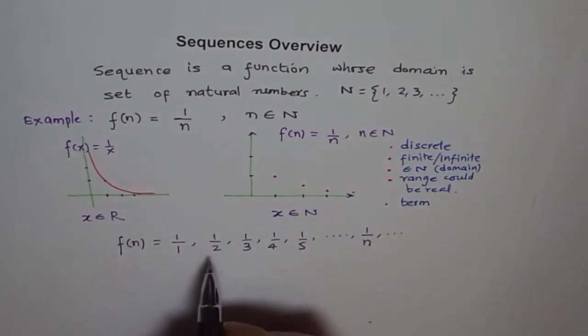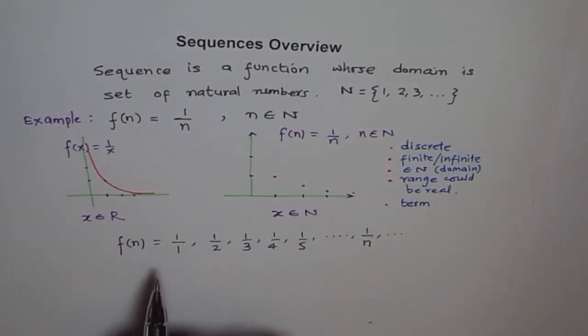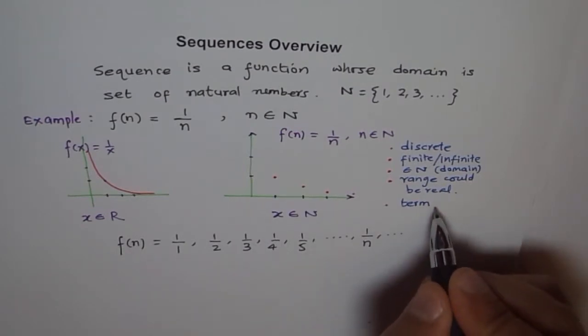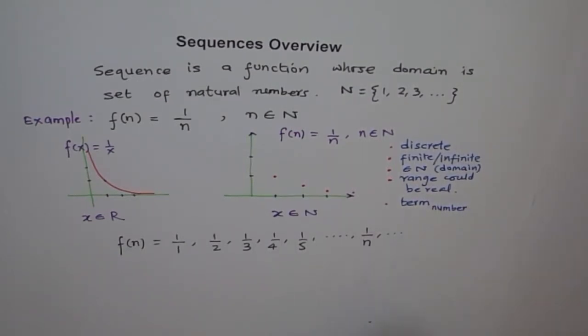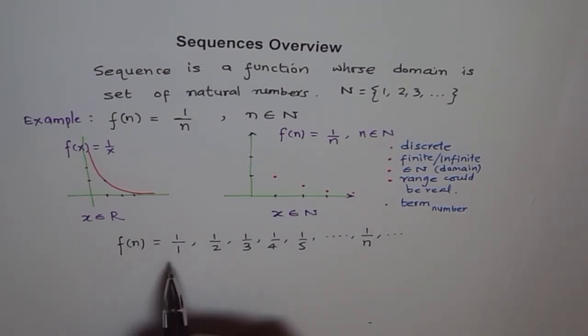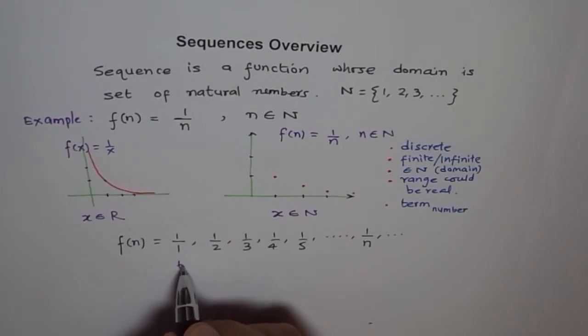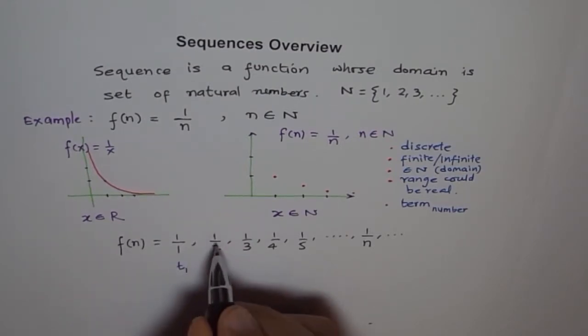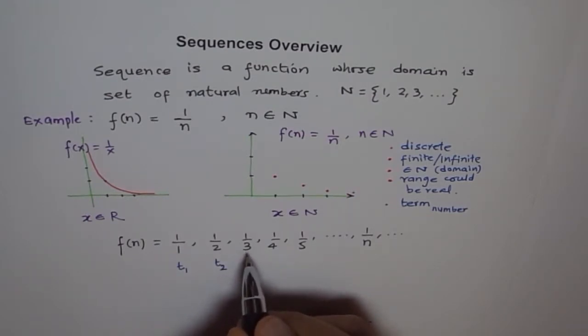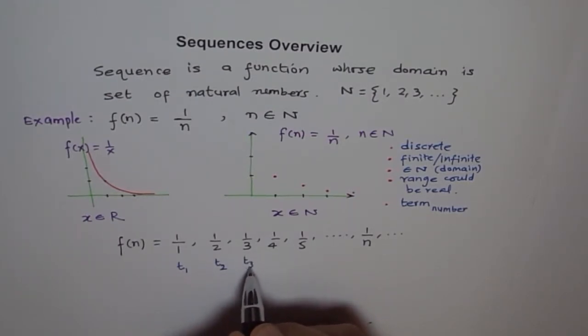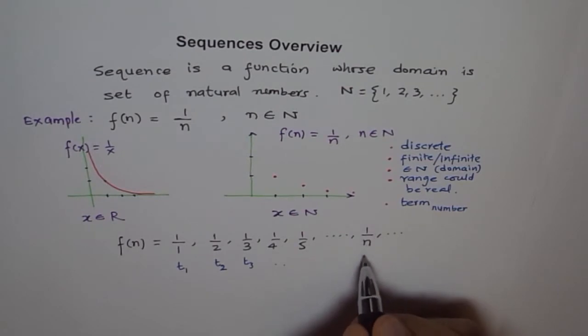And these terms are identified by their position. So terms have a term number associated with them. For example, this is term number 1, so I can write this as t of 1. And this is term number 2, which we can write as t of 2, and t of 3. In general, the nth term is written as t of n.